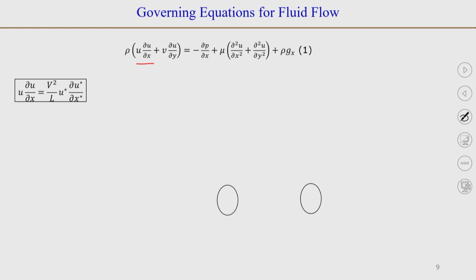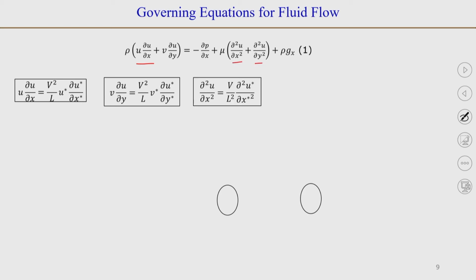So, V squared by L into u star del u star by del x star. Similarly, the second term v del u by del y will be equal to V squared by L into v star del u star by del y star.